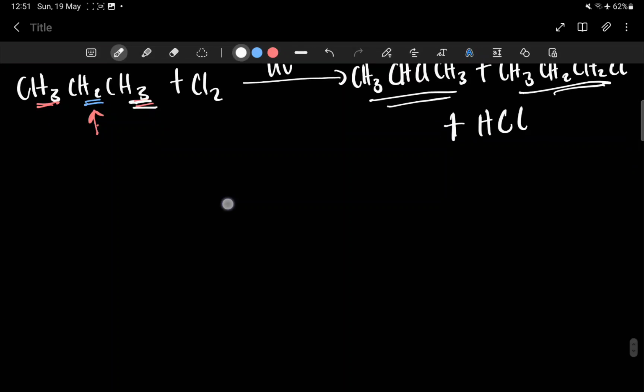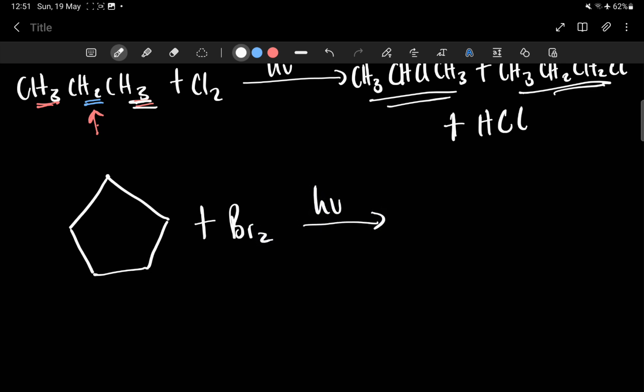You must know that. What about if I have something like this, a ring of carbons 1, 2, 3, 4, 5, and here I mix this with bromine, and I need UV light, the sunlight, so we write hv. What am I going to get? I know the bromine is going to swap with a hydrogen.